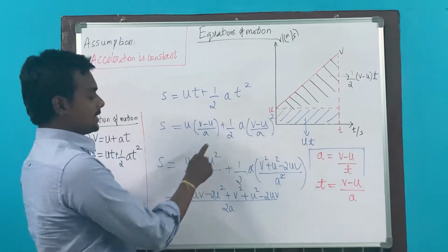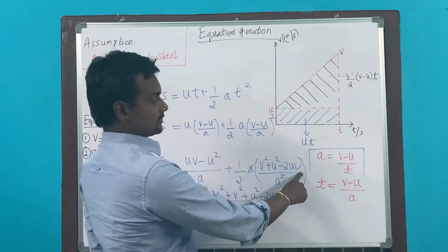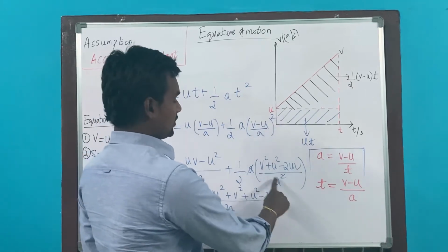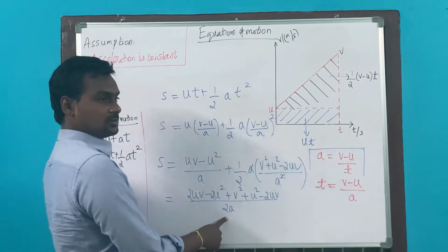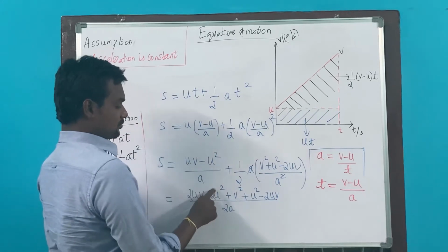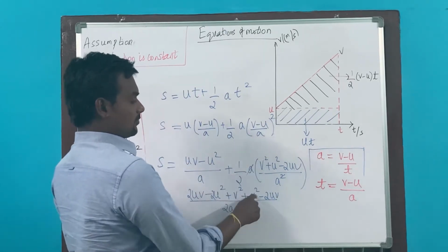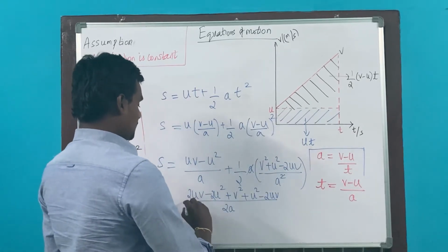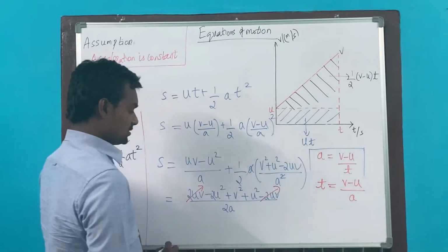I'm just removing the brackets, so UT minus U squared by A, right? I've expanded this, so you get one A out of the equation. Now if I take LCM between these two terms, it becomes 2A. Automatically this becomes 2UV, this becomes 2U squared, and these are V squared plus U squared minus 2UV. If you quickly check, 2UV and minus 2UV disappear.